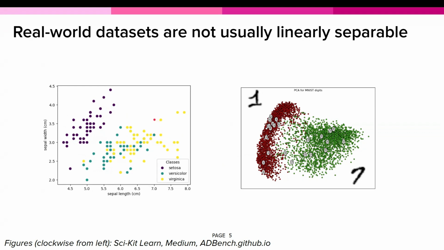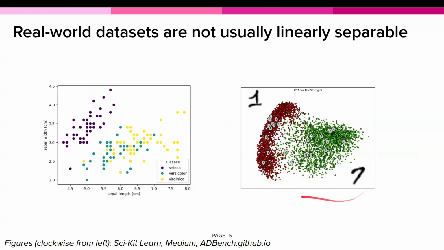There's some samples of Versicolor way out here, and then there's some samples of Virginica that are way down here. So there's no line, no separating hyperplane that we could draw that would perfectly classify these two classes.